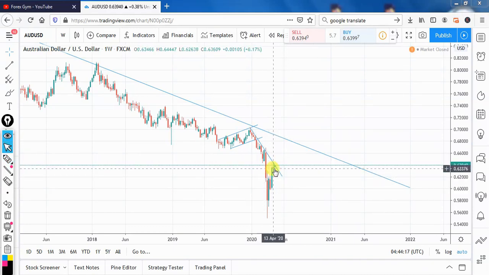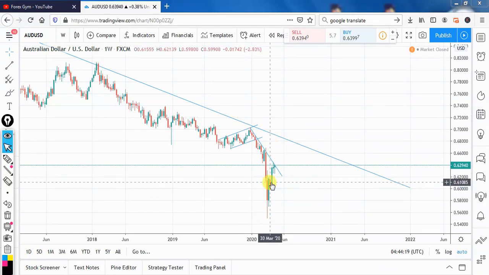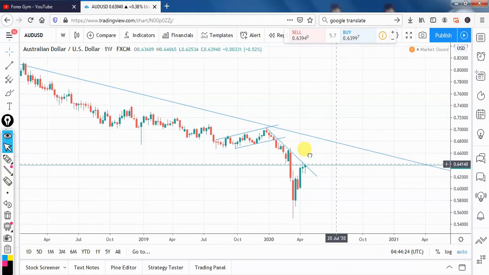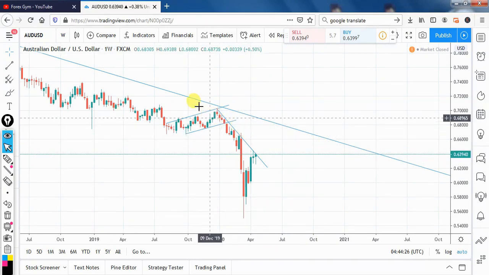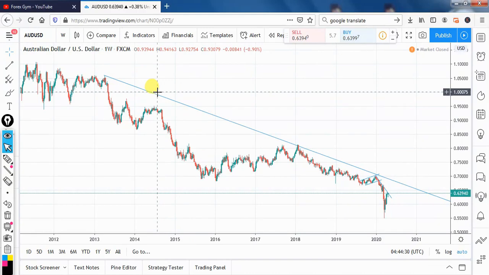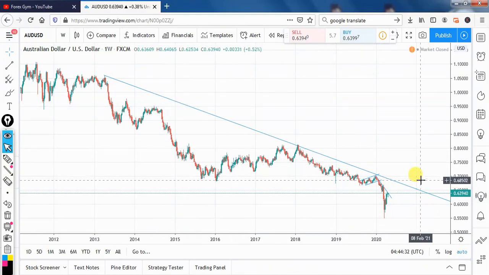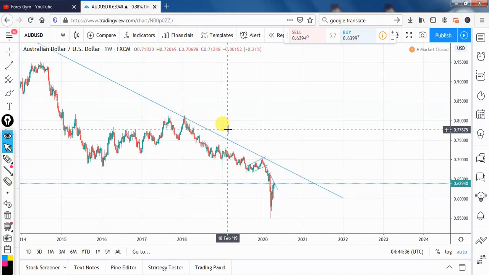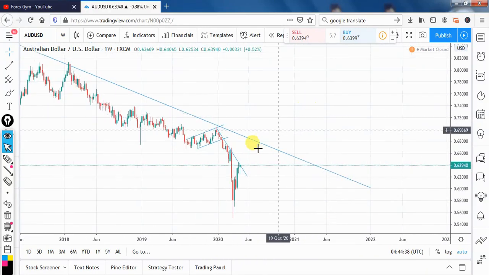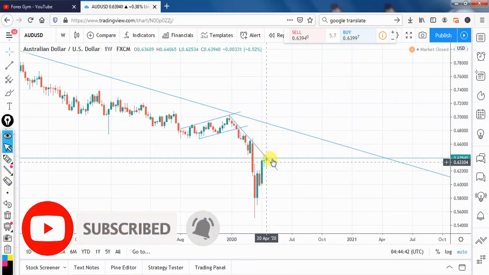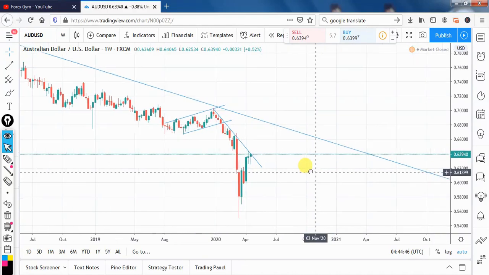I do think it will succeed because steep trend lines are much easier to break than ones that are not steep, like this one. This trend line is not very steep, so trend lines like this one are more difficult to break. So I think it's most likely going to break this trend line and probably continue higher.